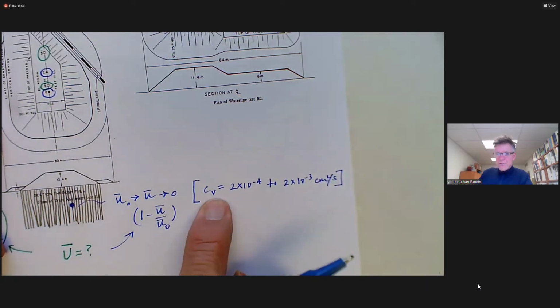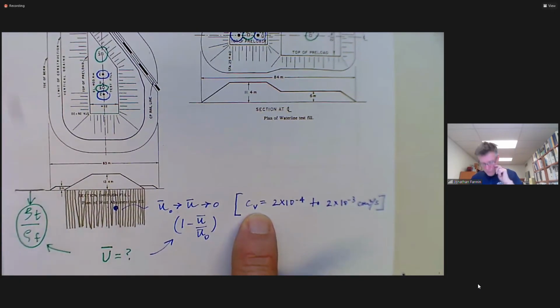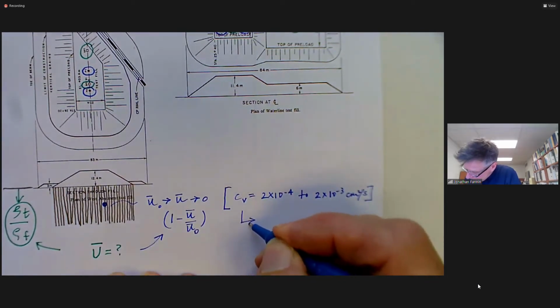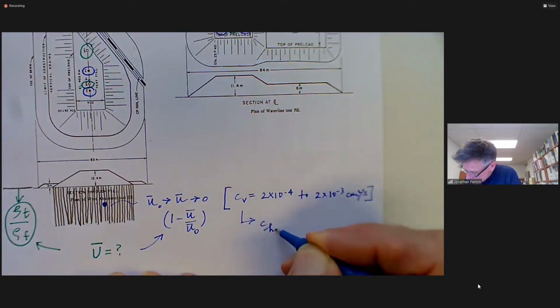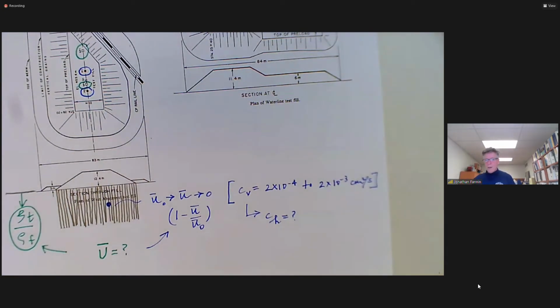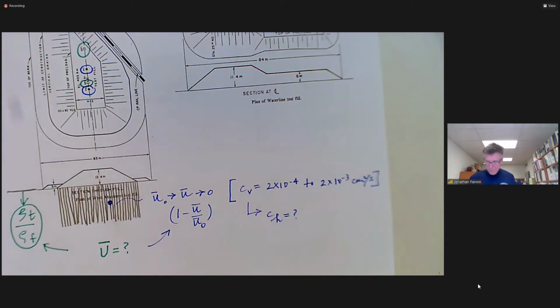Now we're not so much interested in the vertical, we're really interested in the horizontal. And we'll have to make some assumption there, okay?